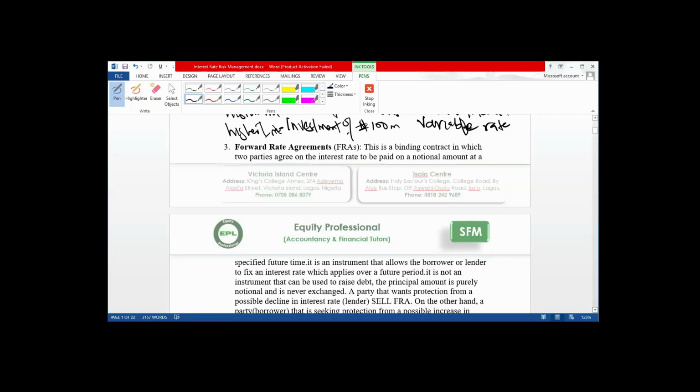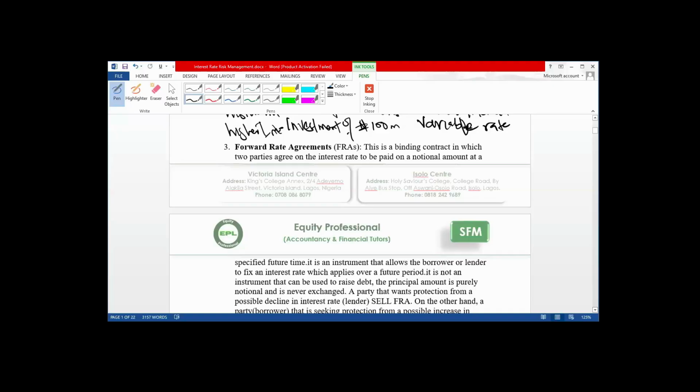Please note, these instruments cannot be used to borrow money. The instrument is not used to borrow money. We only use the instruments to fix interest rates. Please note that point.